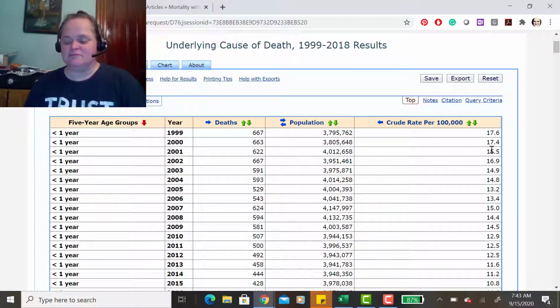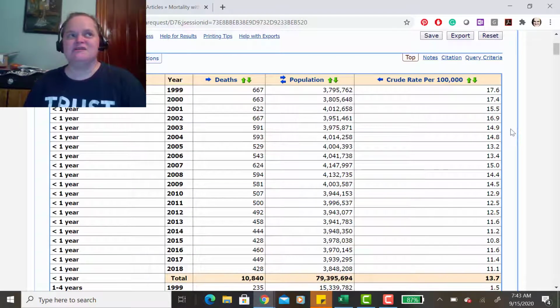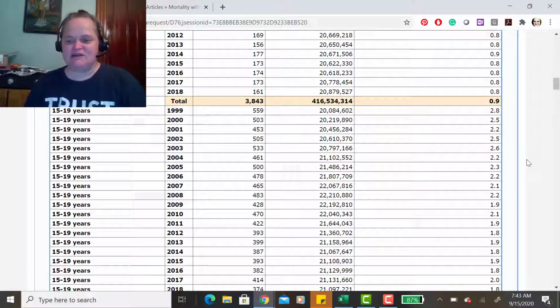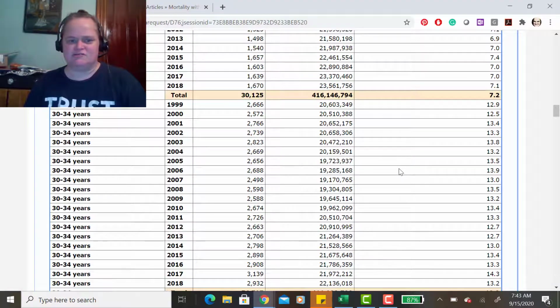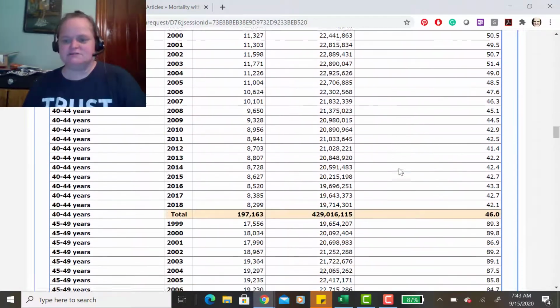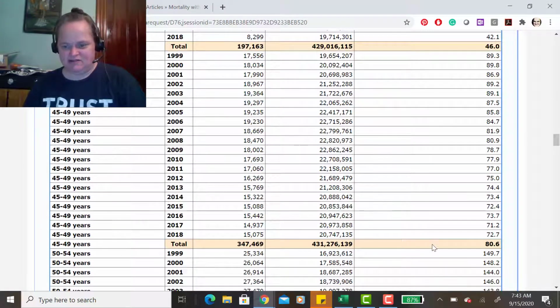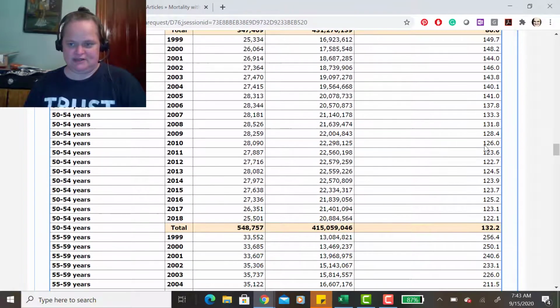Cancer may surpass it soon, but that would be because the mortality rate from heart disease have gone down so low. So these are very, very low numbers for heart disease up until, because I'm waiting to see 100. Yeah, up until age 50. Okay, so we're going to start with age 50.